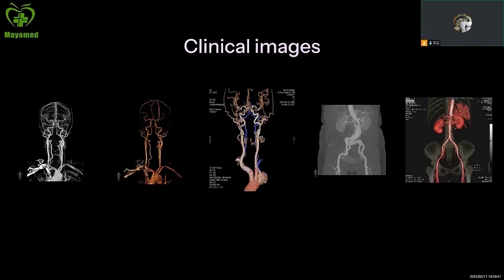In this set of images, we can see the arteries from our heart, the subclavian artery, the main carotid artery, the vertebral artery, and also the arteries going to the brain, including the Circle of Willis. They are very clearly shown, and also we can see some small arteries in the brain, and also the aorta, the abdominal aorta, as well as the iliac arteries.